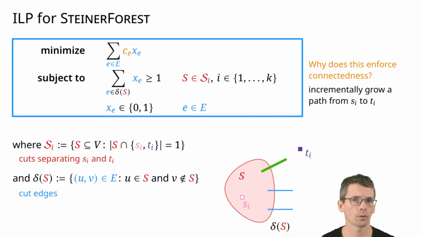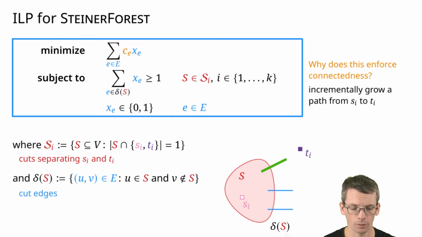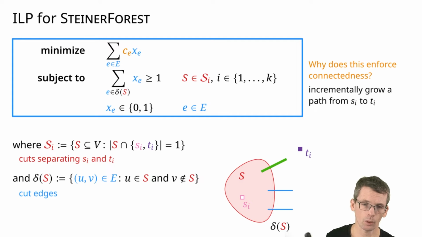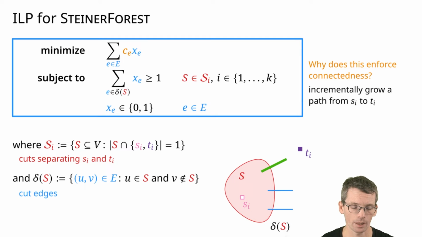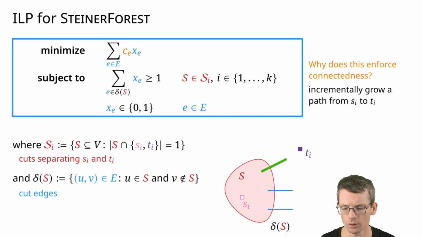You could also prove this simply by contradiction: if you don't have connectedness, then these need to be in different connected components. You take one of the components and there has to be an edge out of that component, and that gives you your contradiction. Okay, so we know that this is a suitable ILP.